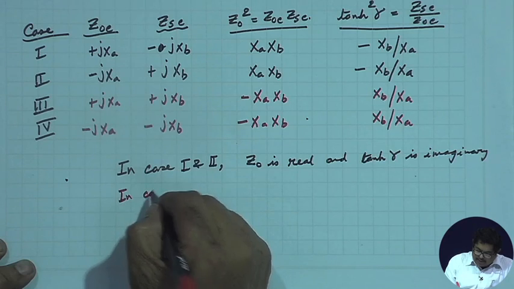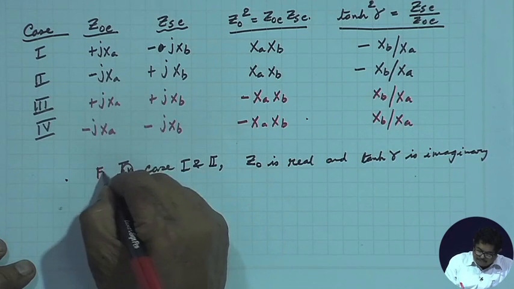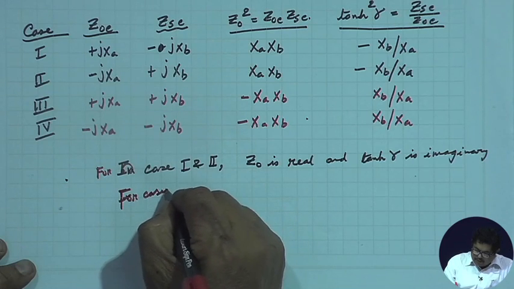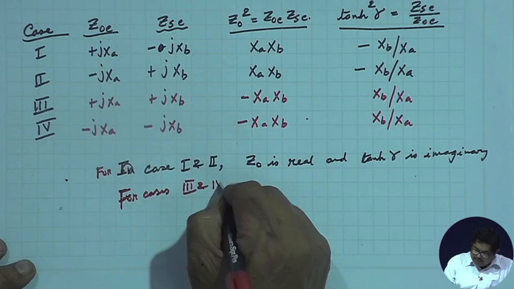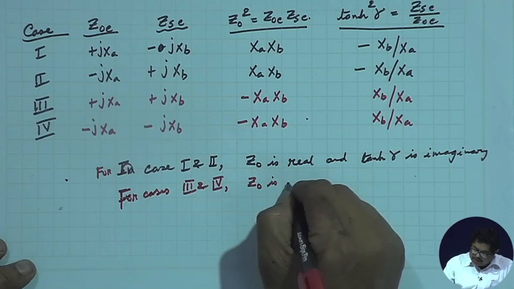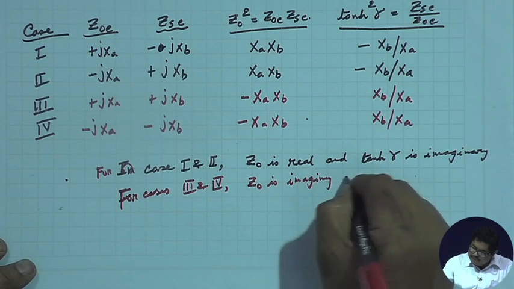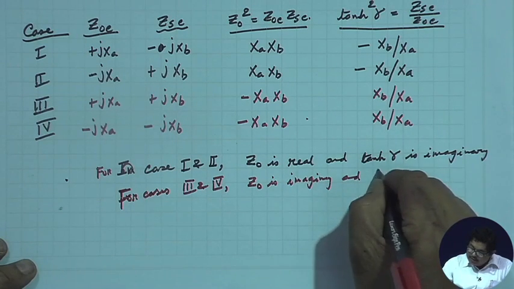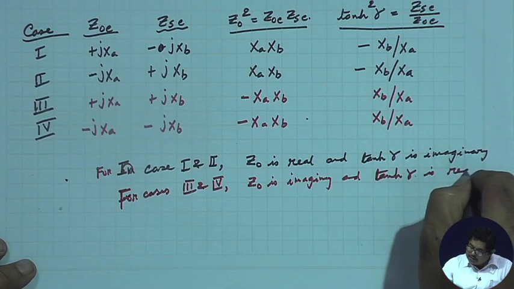In cases 3 and 4, Z naught is imaginary and tan hyperbolic gamma is real.